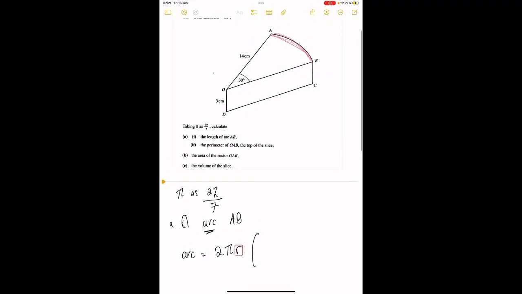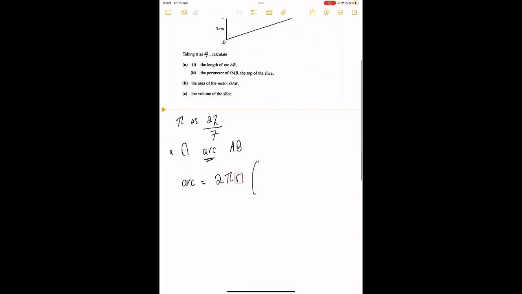So the fraction of this is an angle over the total angle. This is just the formula for the total perimeter of a full circle, a 360 circle. But since we discussed that an arc is a fraction of the full perimeter.